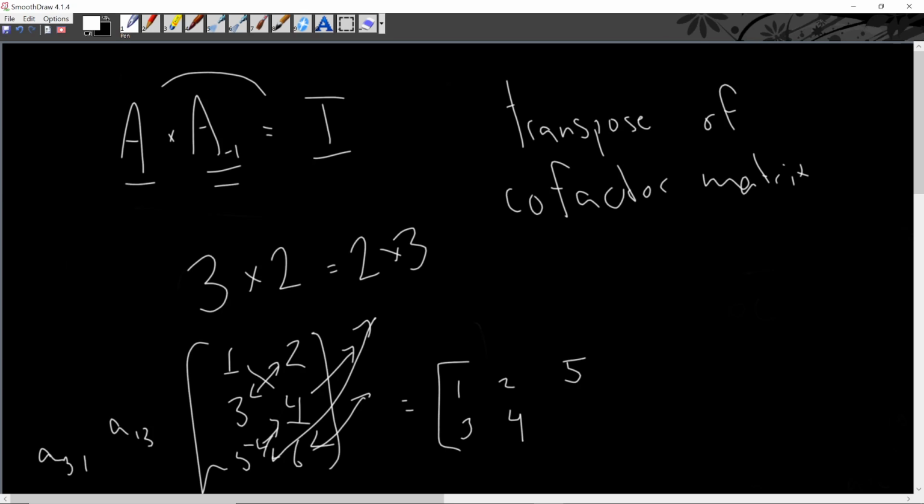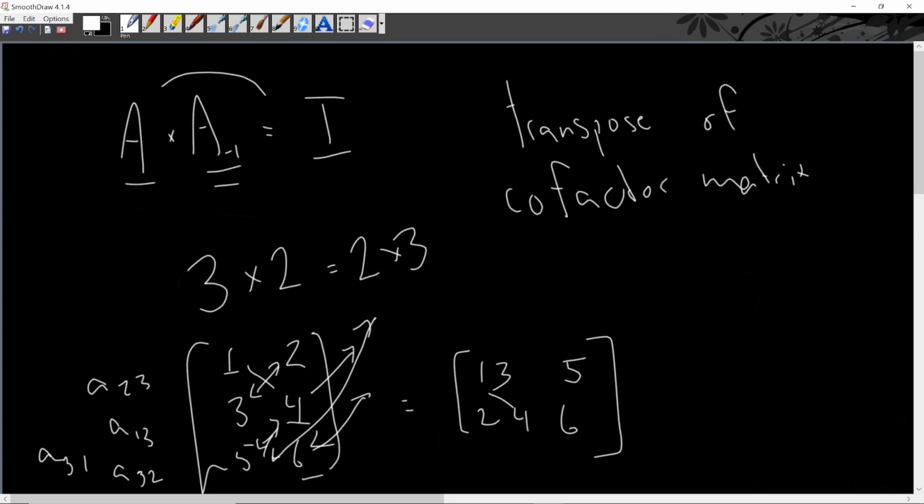Then this is A3,2, and it has to go to A2,3. So A2,3 will be right there. The main diagonal is right there, 1, 4. Oops, I forgot to flip these two. But let's rewrite this. We have 1, 4, and then 2, 3.